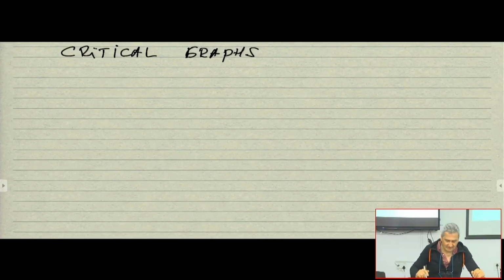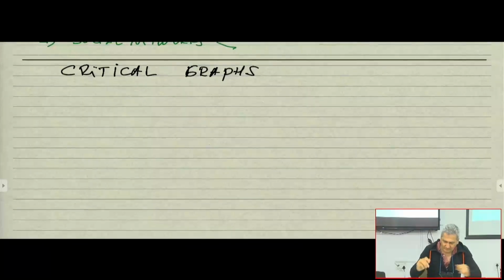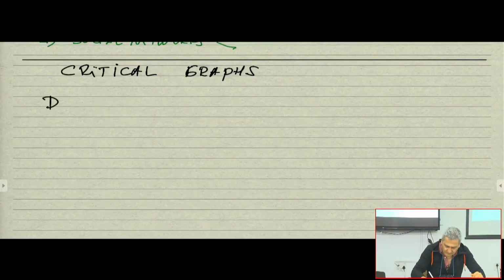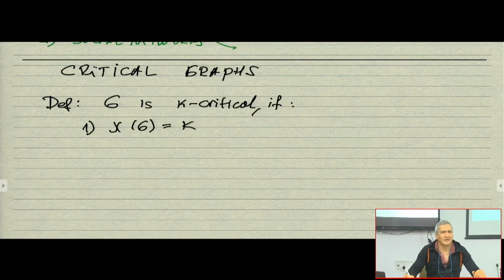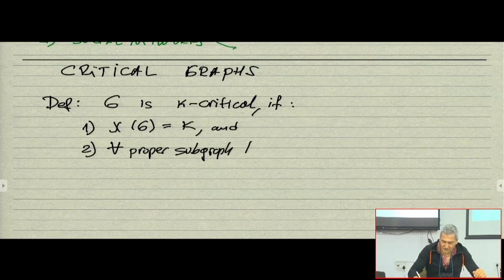So how is it defined? A graph G is k-critical, k is some integer, if first, the chromatic number of G is k, and second, for every proper subgraph H of G, we have that the chromatic number of H is strictly smaller than k.